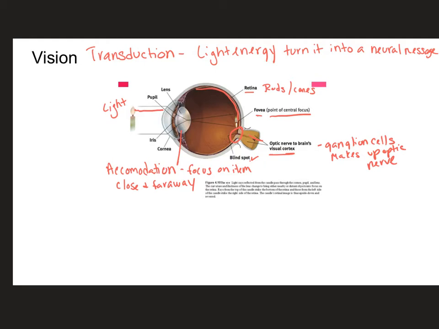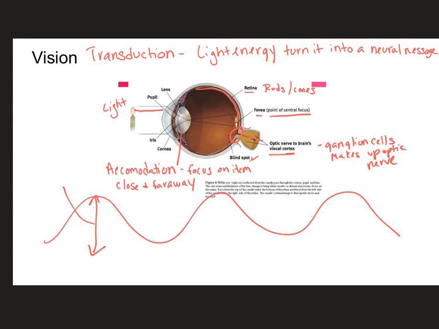So how exactly does this light come into our eye? Well, it comes into our eye by wavelengths, right? So there's wavelengths that come into our eye, and these wavelengths are important because they help us see different colors, different brightnesses. So if you have a wavelength, the brightness, how bright something is, so if it's fluorescent pink or regular pink, depends on the height of the wave.